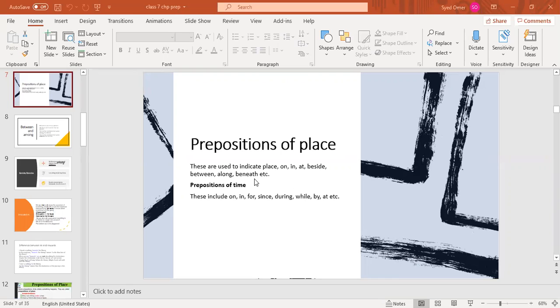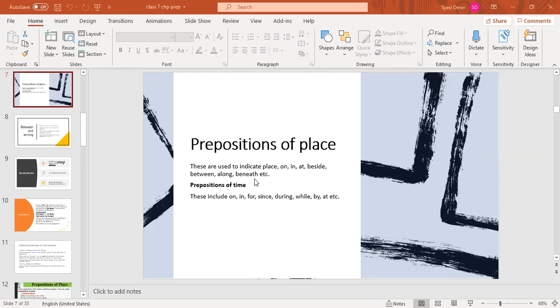Then if we are going to use the same preposition for time, what will we say? I usually have cereal in the morning. So it indicates time. At: meet me at the bus stop. Place.